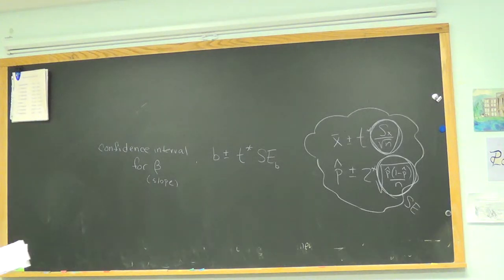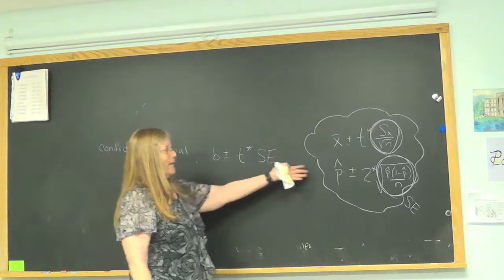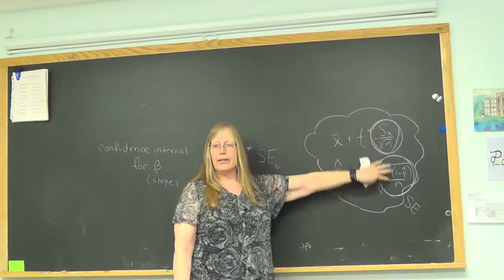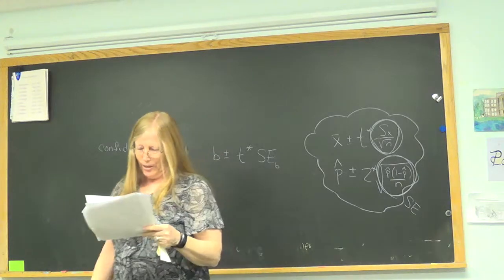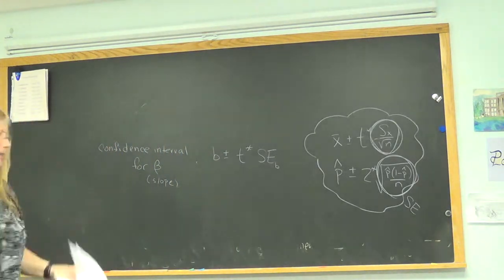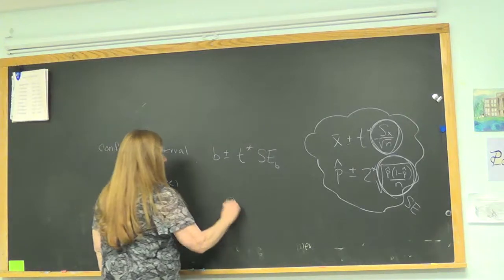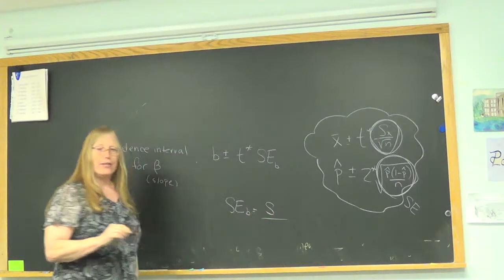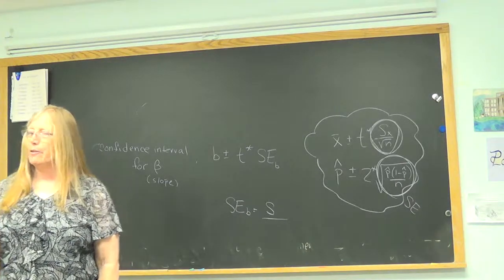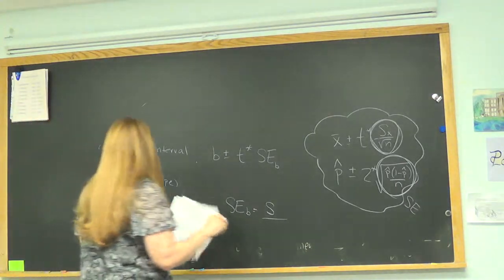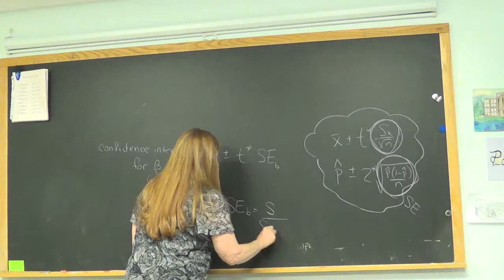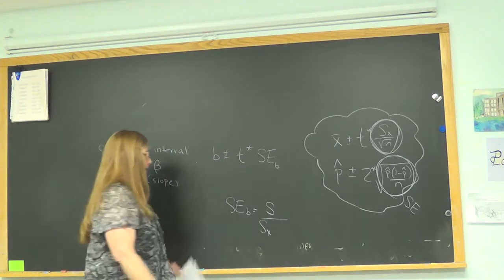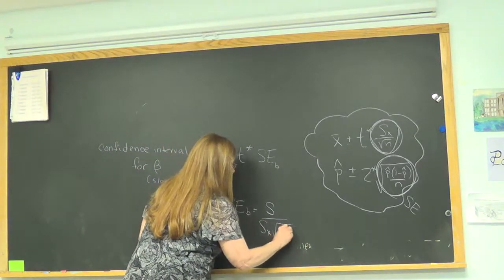So, are you surprised? It looks pretty much like what we did before, except I don't have a formula for the standard error of B yet. Let me show you what the standard error of B is. The standard error for B is S, which on the first day on the blank piece of paper we went over from chapter 3, over S of X, which is the standard deviation of the sample, times the square root of N minus 1.